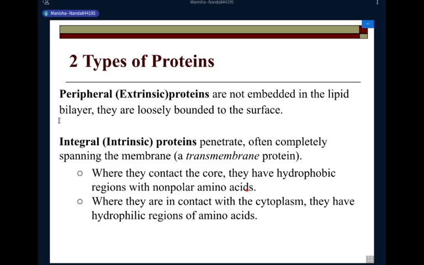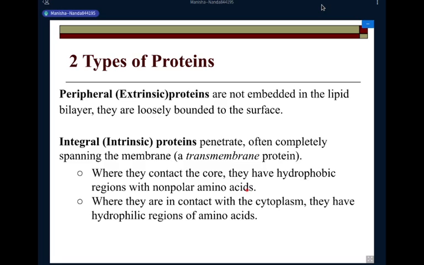So when these transmembrane or intrinsic proteins cross both the lipid layers, the part that comes in contact with the hydrophobic interior is rich in hydrophobic amino acids, whereas the ends of that protein that connect to either the cytoplasm or the extracellular side have hydrophilic regions. This is important because if this is not the case, then the protein will not be stable in the lipid bilayer, and that is going to affect the integrity of the membrane.